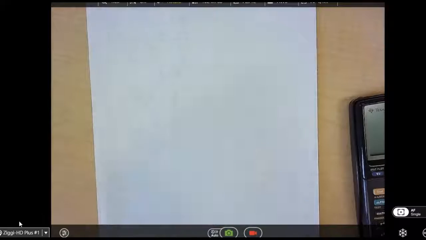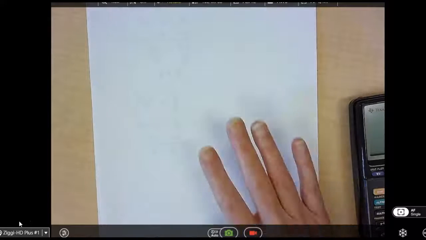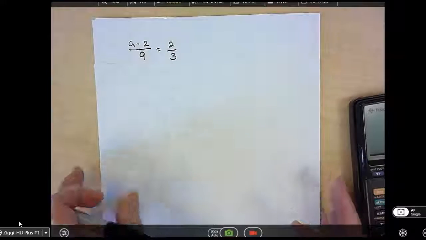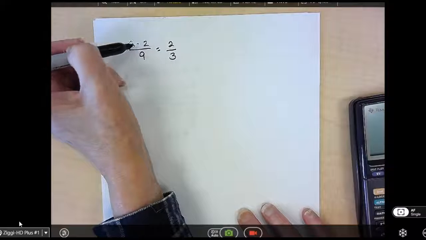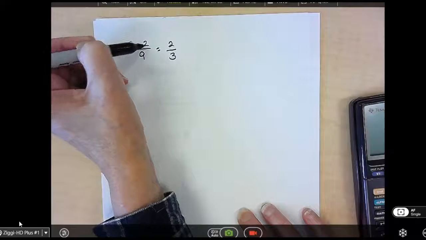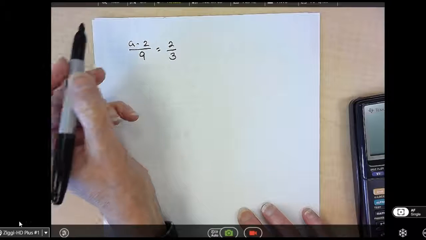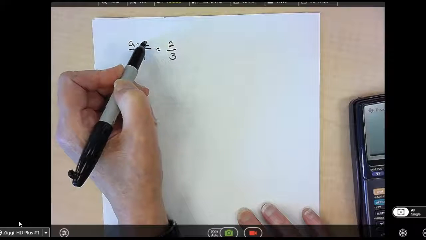The harder type of problems that they could have in this section would be where you don't just have a simple number, you have a variable and a number over your denominator. But again, you can just cross multiply.